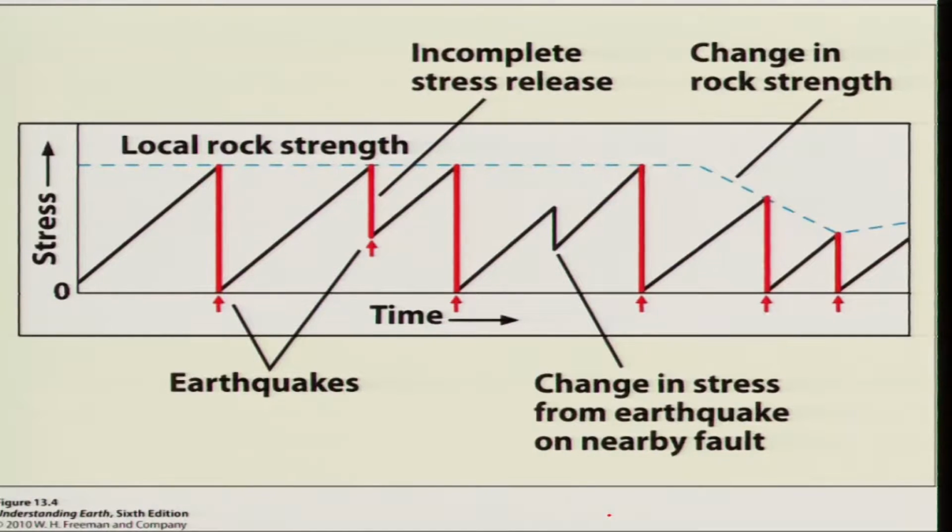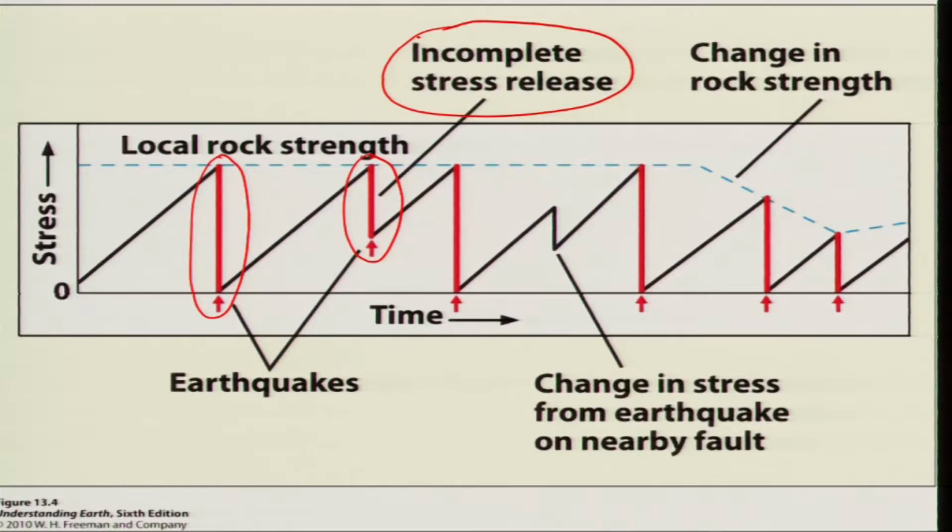But this never happens, because sometimes we have major earthquakes which have occurred here, and in between we may have a moderate magnitude earthquake. Now, this moderate magnitude earthquake will lead to incomplete release of this strain, which can very quickly trigger another event.